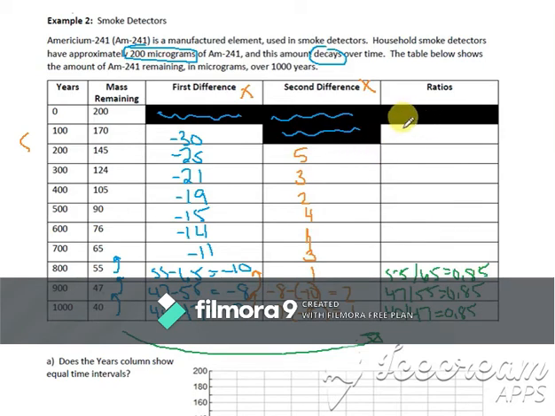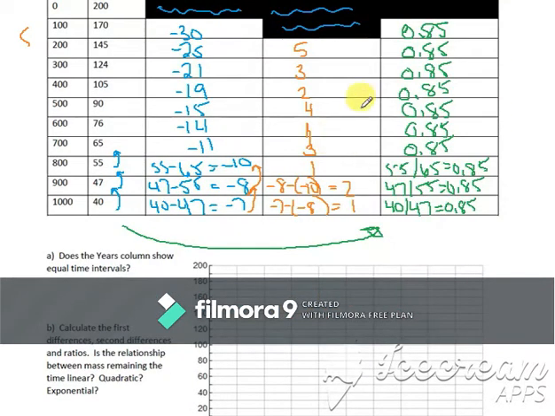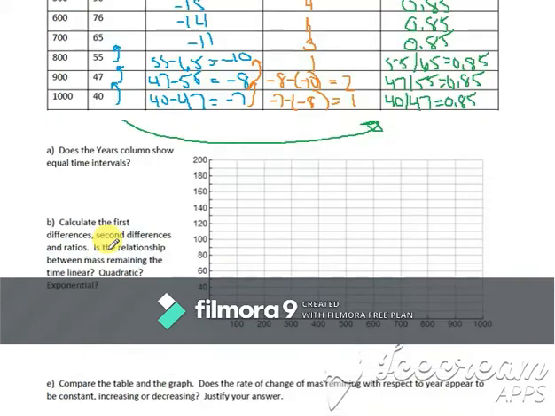And if we keep going, we are going to get 0.85 for this entire column. These are obviously rounded. If you take a look at your calculator, it has many, many decimals. So these are rounded, and that's okay.